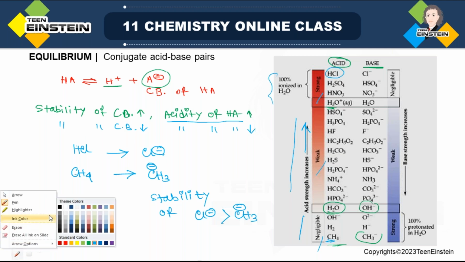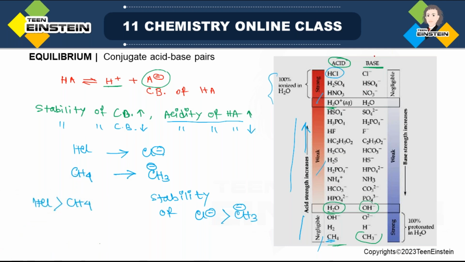So this is the reason. Now if you look at the right hand side, here this zone is negligible. That means these bases are very stable because these bases are generated from acids which are very strong. So obviously the bases will be very stable. Now when they are stable bases, that means what? That means they will not show very good basic property. So that is why it is mentioned here as negligible basic property.